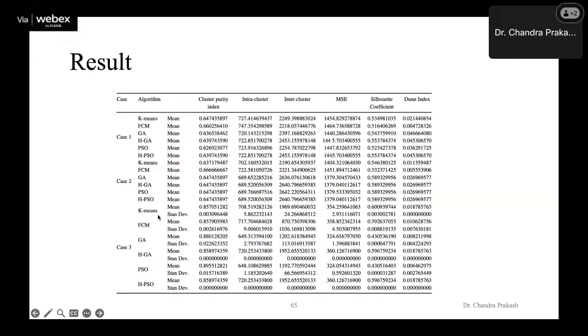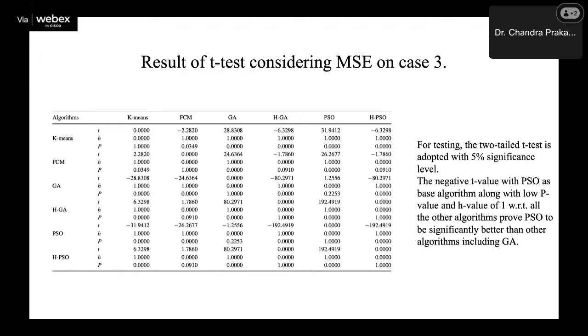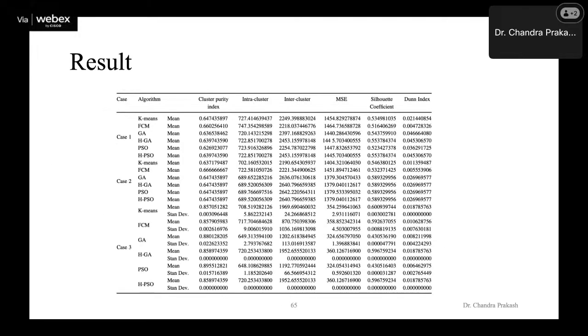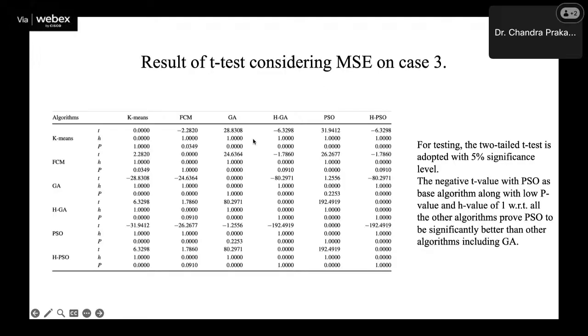So these are some of the results for case one, case two, and case three, with the evaluation parameters being cluster purity index, intra-cluster MSE, silhouette coefficient, and Dunn index. We apply the t-test on case three, as you can see over here, a two-tailed t-test, right?